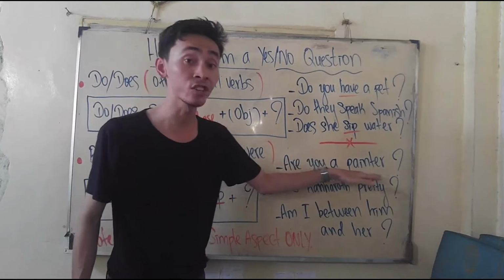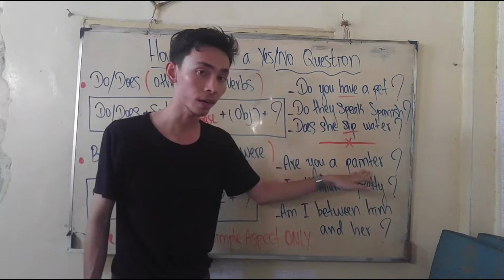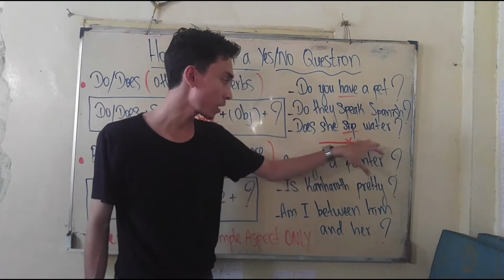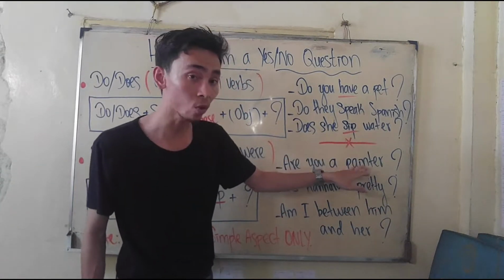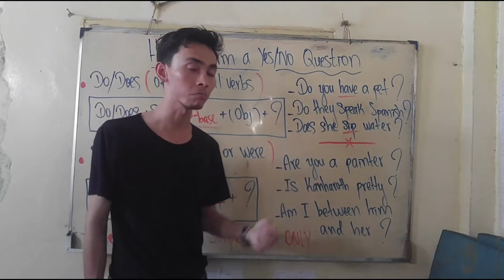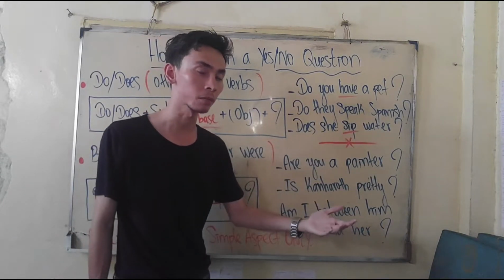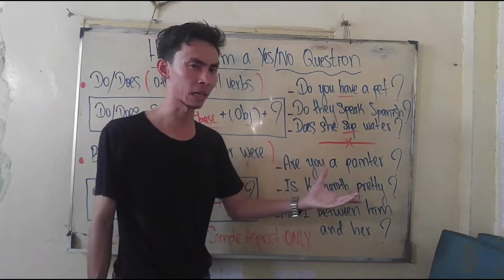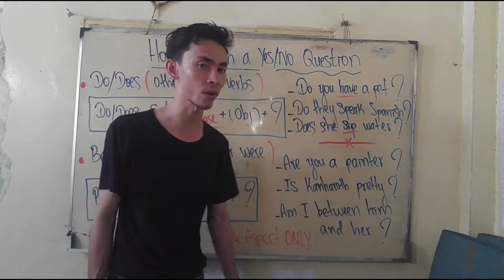Are you a painter? So painter is a noun. And if it is a noun, then we have to begin our question with verb to be, not do you a painter. See, it doesn't sound right.